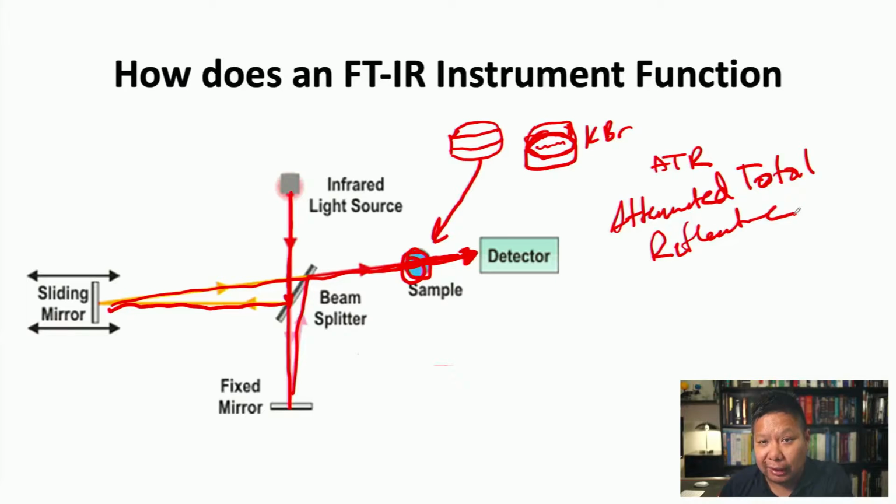It's not new, it's been here for a long time, but a different way, where the sample actually sits on top of this crystal. It's a crystal, and then here's your sample, right there. What is the crystal made of? Selenium, I think, something like that. I can't remember what the crystal is made of.